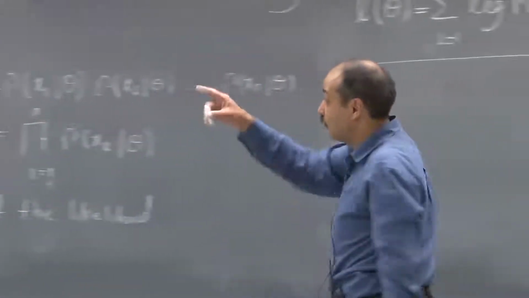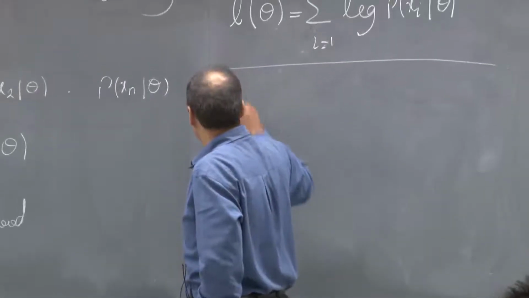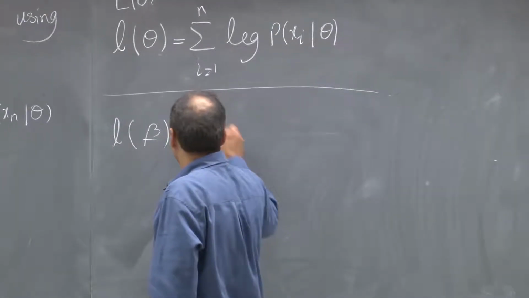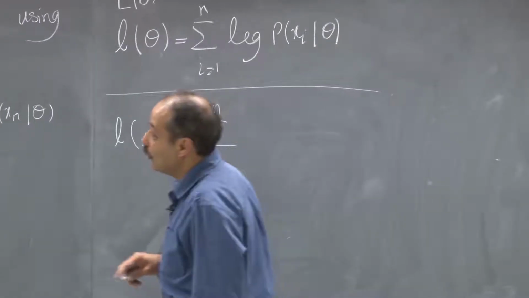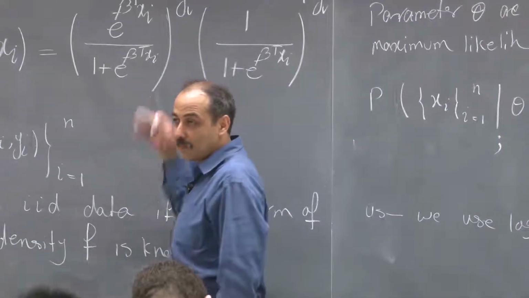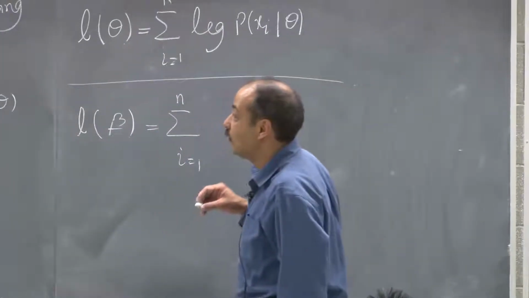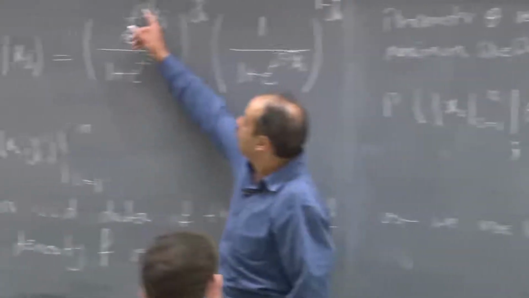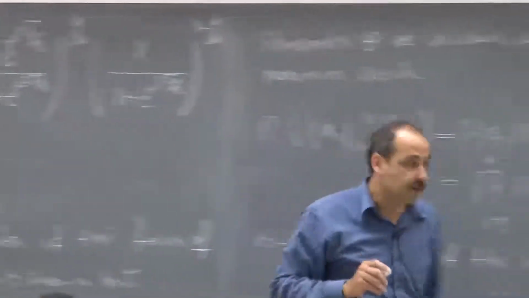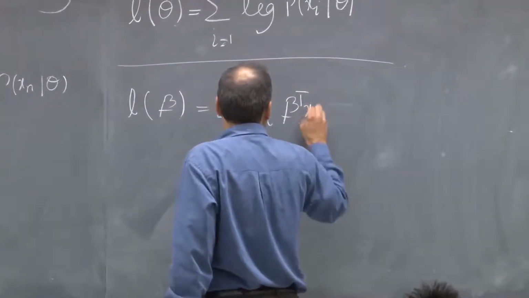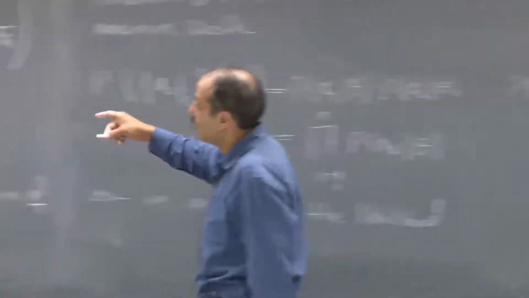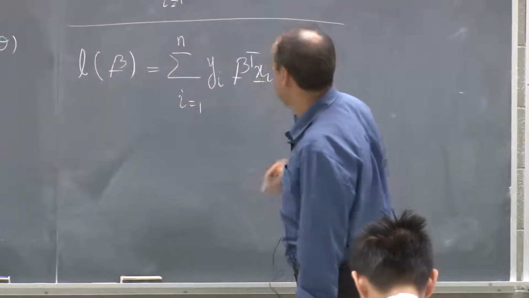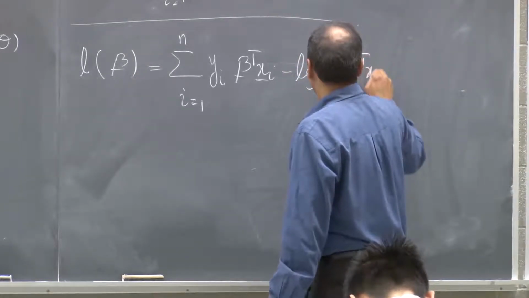Basically, if I want to use maximum likelihood to find the parameters because data is given, I can find the log likelihood, which would be the summation over all points of the log of this density. So the log of this density would be yi log of e to the power of beta transpose xi, which is just beta transpose xi, minus log of the denominator, minus log of 1 plus e to the power of beta transpose xi.